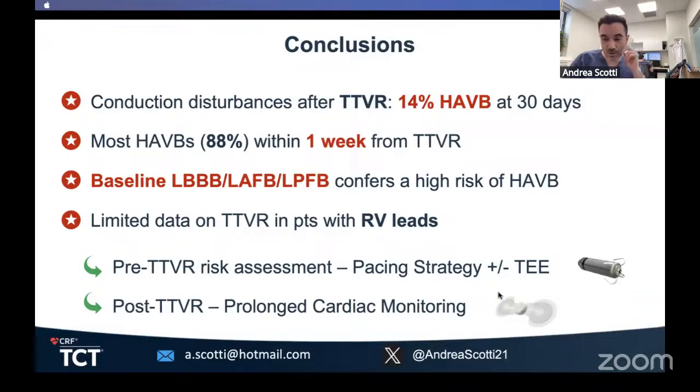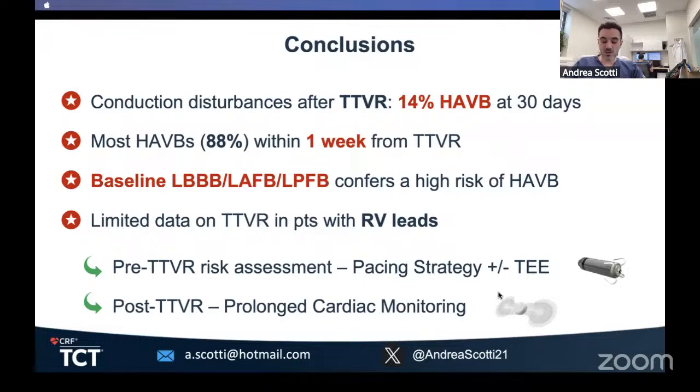The answer is no, unless we see, of course, high risk of conduction disturbances or any change in the EKG during the procedure. This is not what we've been doing. Usually we restart all the medications. Of course, we have to tailor this to every patient.